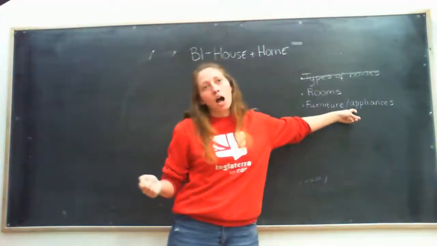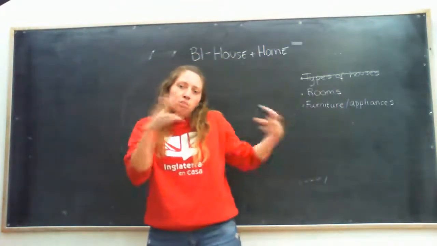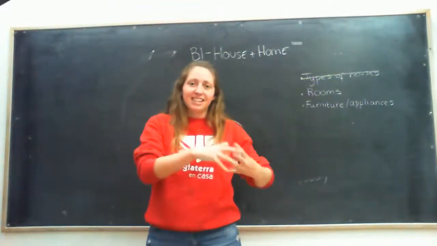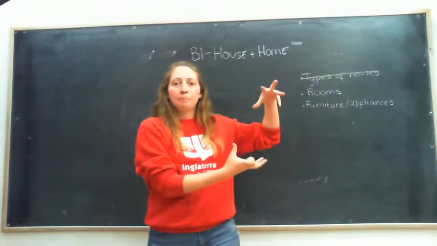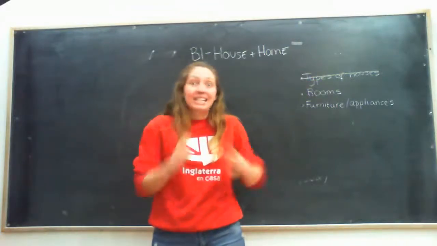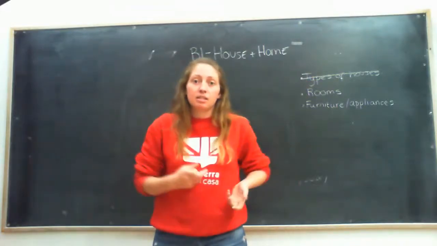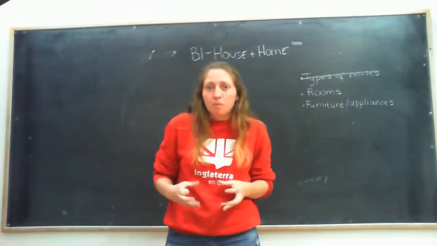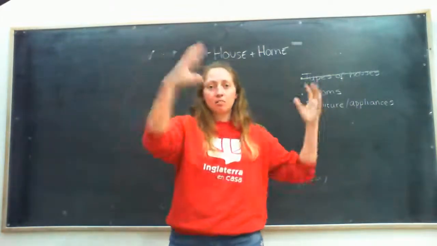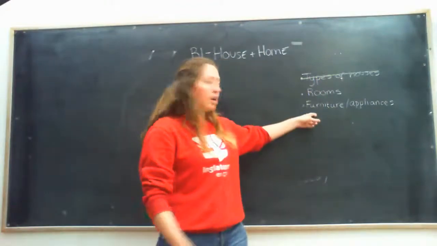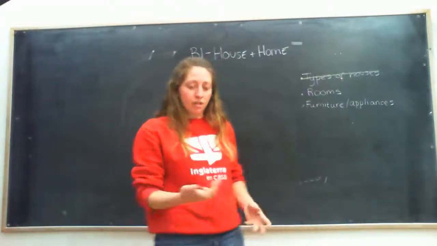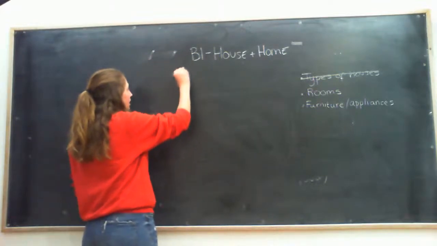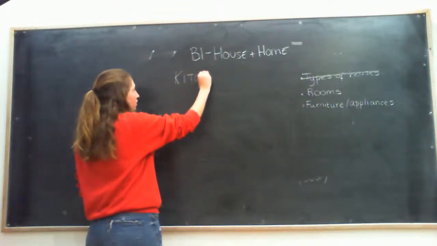Appliances are smaller things like a lamp, that's an appliance, or a TV, that's an appliance. Yeah, they're the smaller objects that you use, but they're not fixed parts of the house. The furniture is a fixed part of the house. So let's have a look in the kitchen first.